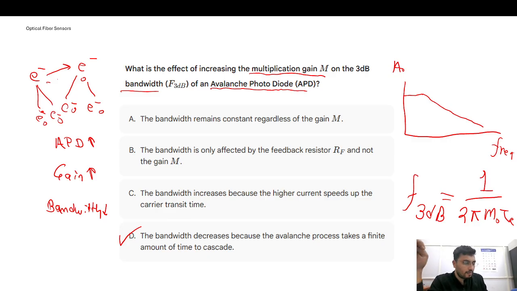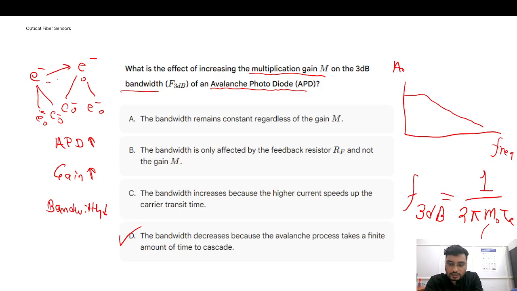Here M is the gain at 0 frequency. For the PIN, M is equal to 1. For the avalanche photodiode, it will be 1 or greater than 1.